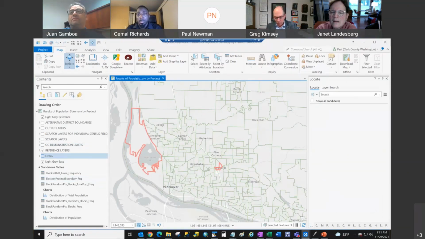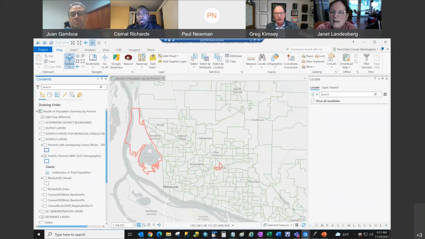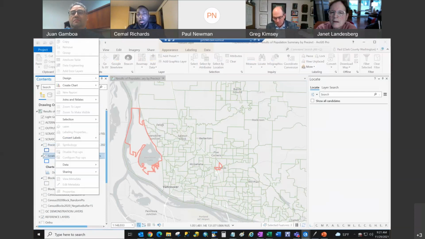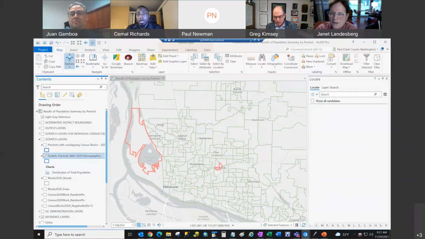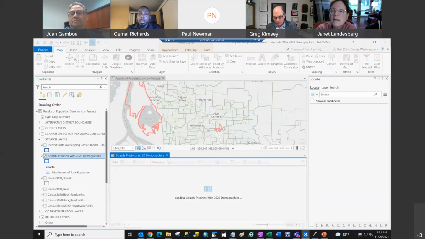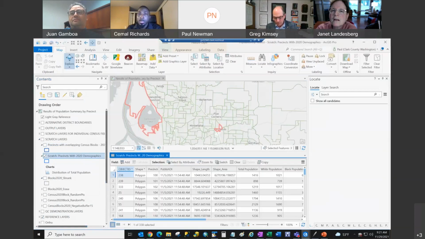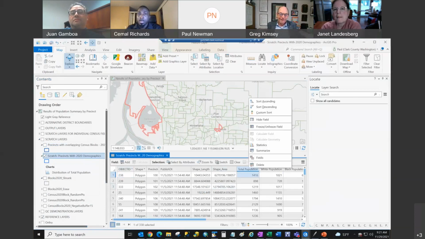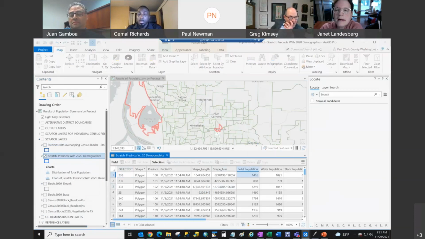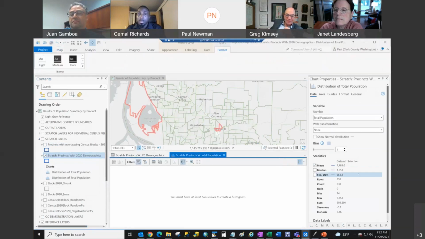The rule is if you have more than 1,500 registered voters, active voters in a precinct, you have to split it. Well, you have some that have 2,500 currently. That's population, not voters. Oh, okay. So average population is 2,200 people.